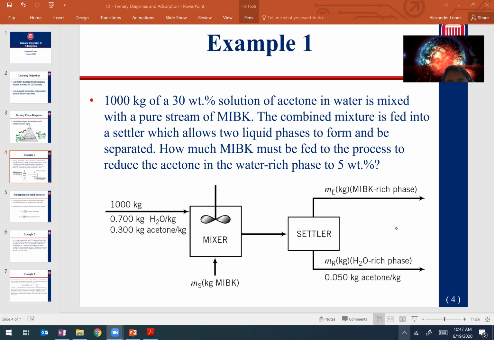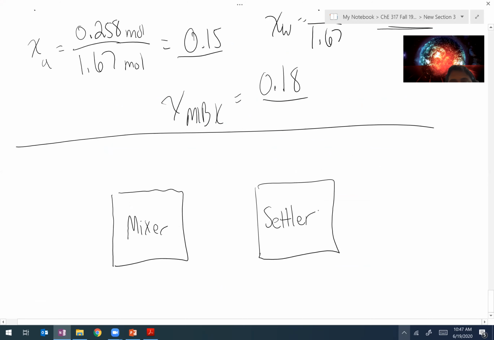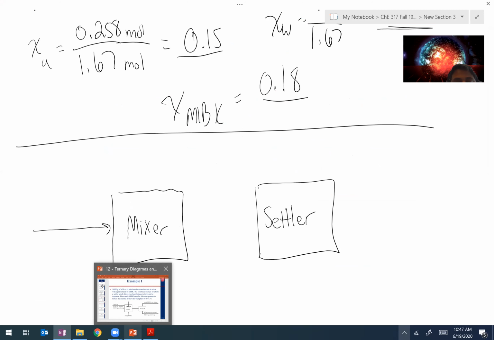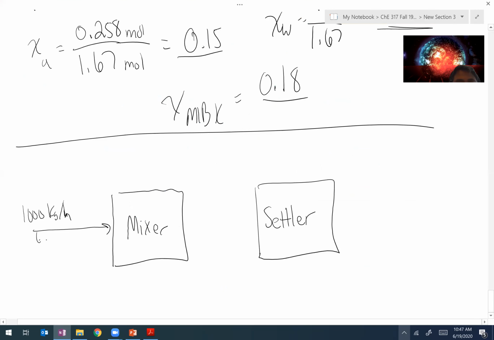So let's take a look at this example together. So I've got a mixer and I've got a settler. I have 1,000 kilograms per hour of 70 weight percent water, 30 weight percent acetone, which means I just have 700 kilograms per hour water, 300 kilograms per hour acetone.